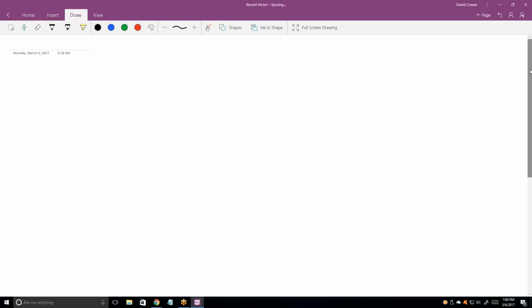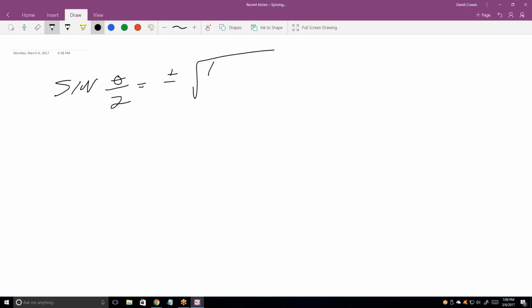Let's just talk about tangent of theta over 2 for a moment. Sine of theta over 2 is plus or minus the square root of (1 minus cosine theta) over 2.